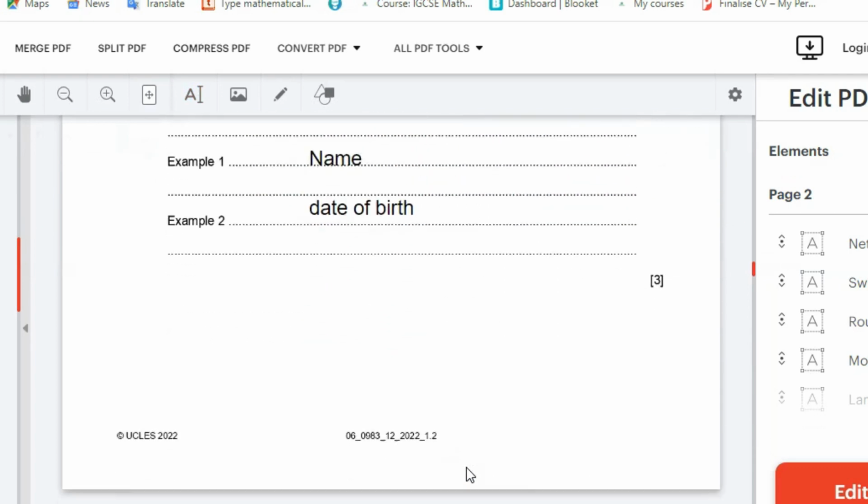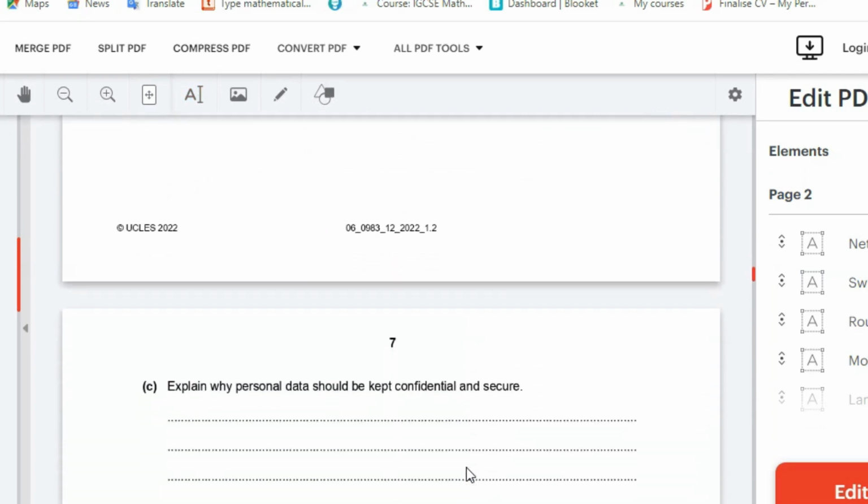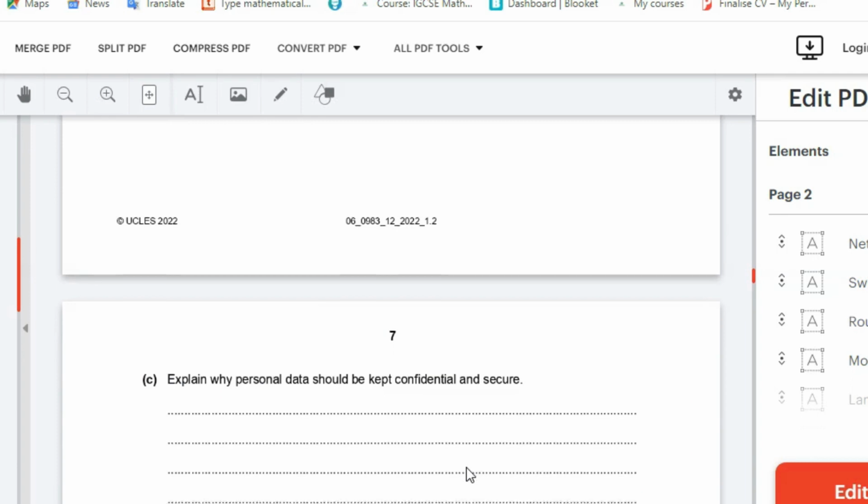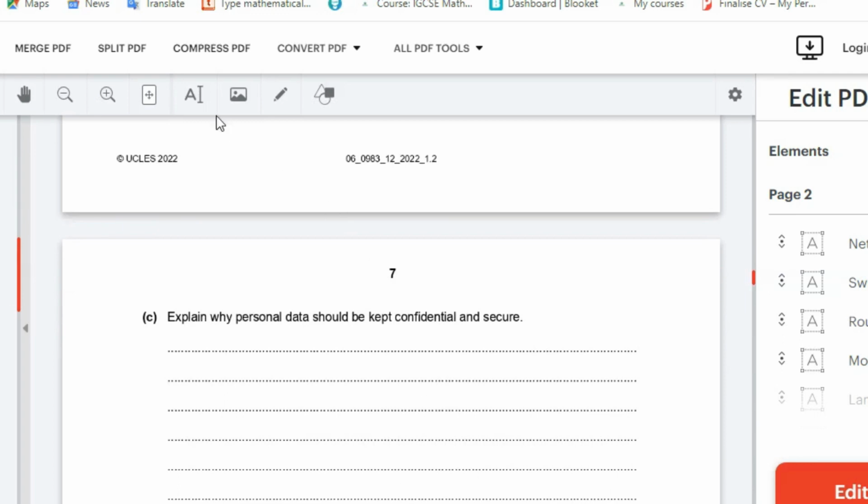So moving on now. Let's go to question number 7C. 7C says, explain why personal data should be kept confidential and secure.